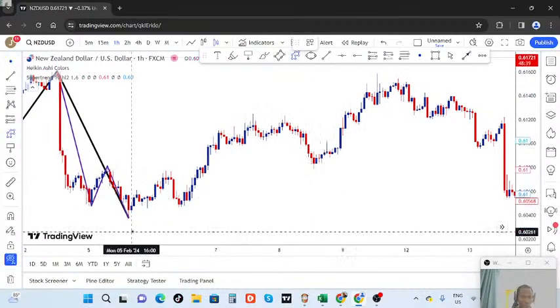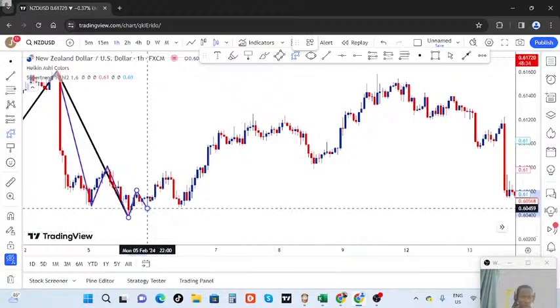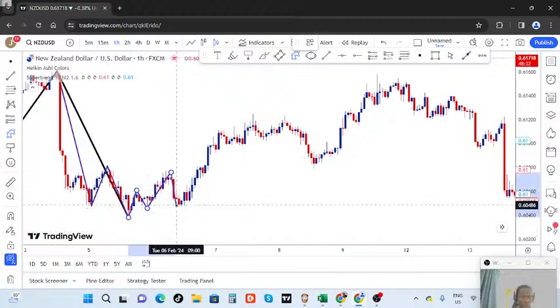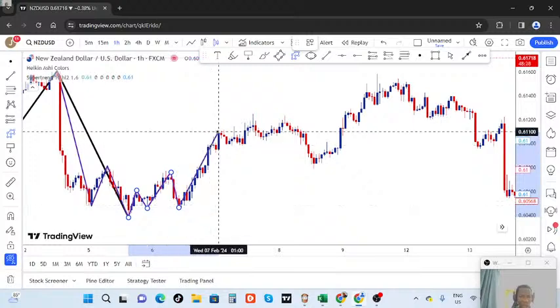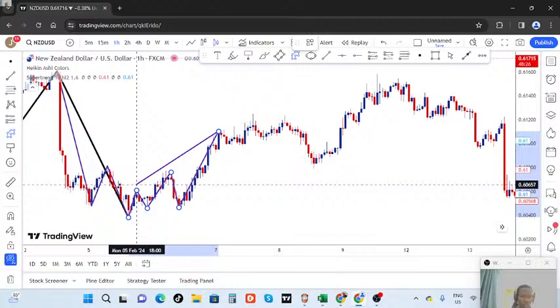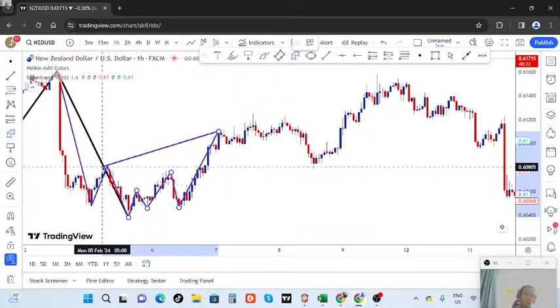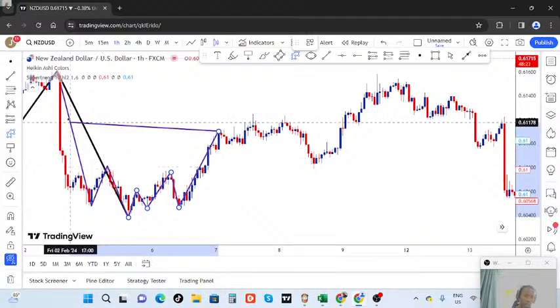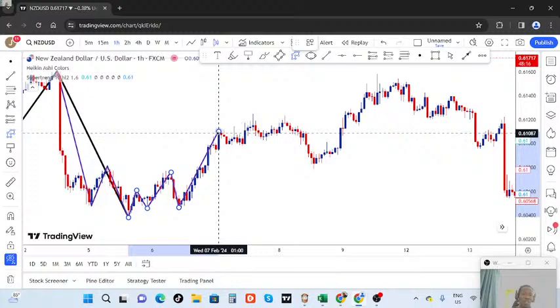Short-term trend: higher highs, higher lows, higher high, higher low, and at the time the market made this higher high here, it is a break of what? A break of the short-term downtrend previously. This short-term downtrend has been broken when the market made this higher high right here.